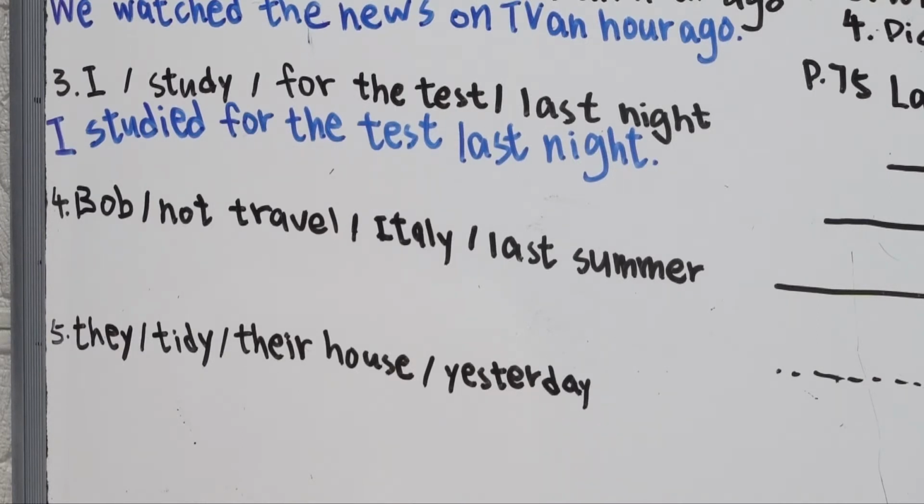Number 4 in front of you is Bob, not travel, Italy, and last summer. Which word tells you we have to use past tense? That should be last summer. But remember, here it has not.